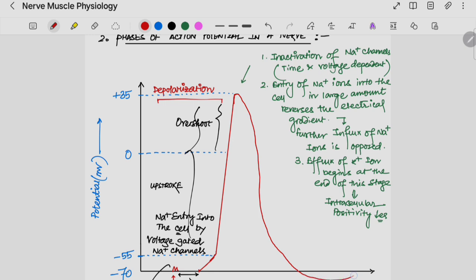And it certainly goes into the hyperpolarized state.